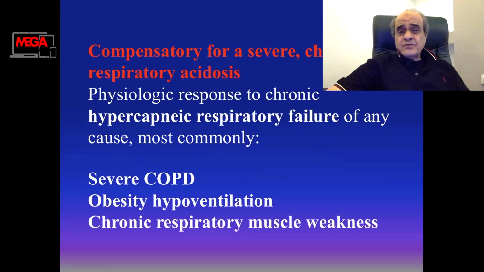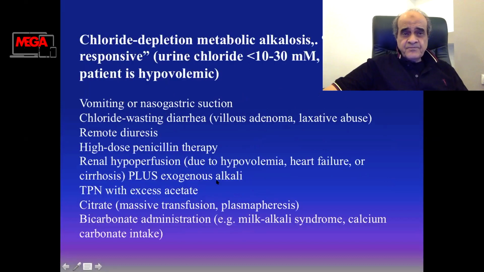In all patients with respiratory failure, hypercapnic respiratory failure, as you know, severe COPD, obesity hypoventilation, chronic respiratory muscle weakness, all those patients exhibit hypercapnia and associated metabolic alkalosis for compensation. We have two types of patients.